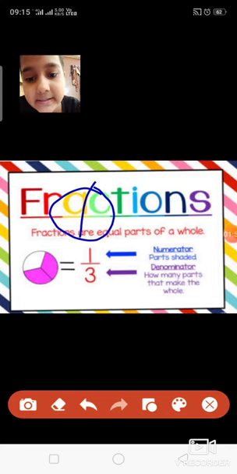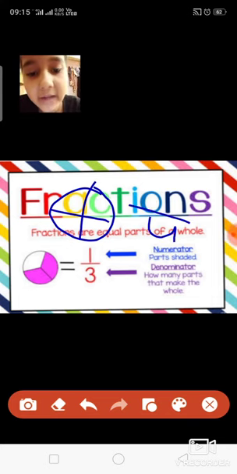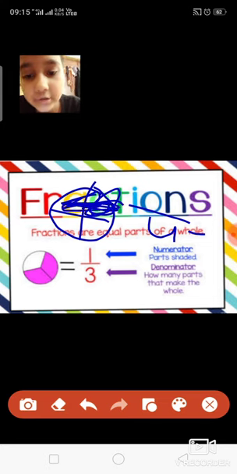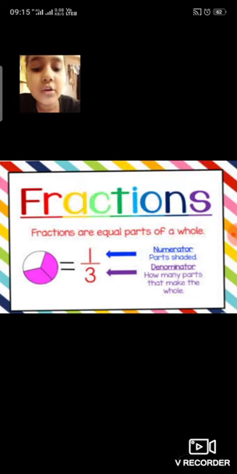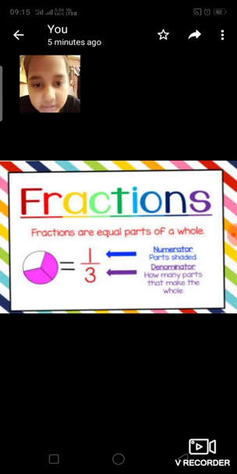For example, if a pizza has 4 parts, the denominator will be 4. If 2 are shaded because you have taken 2, it will be known as the numerator. So I think you understood the concept of numerator and denominator.